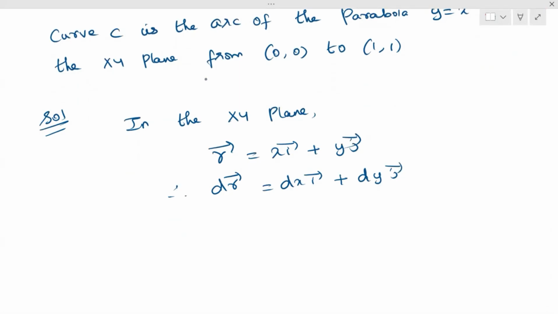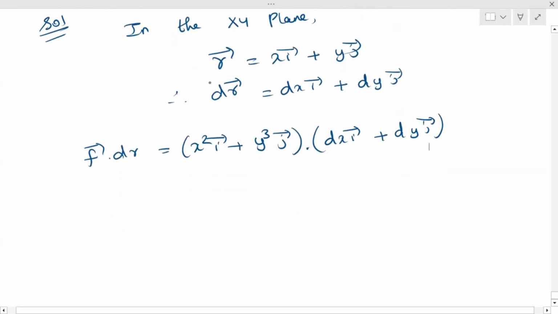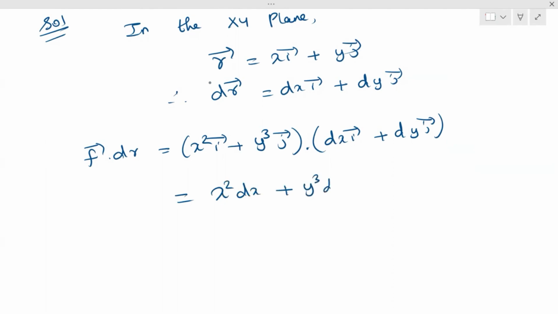So we have to find F vector dot dr, which is x squared i plus y cubed j dot dx i plus dy j. By using the dot product, we will get x squared dx plus y cubed dy.